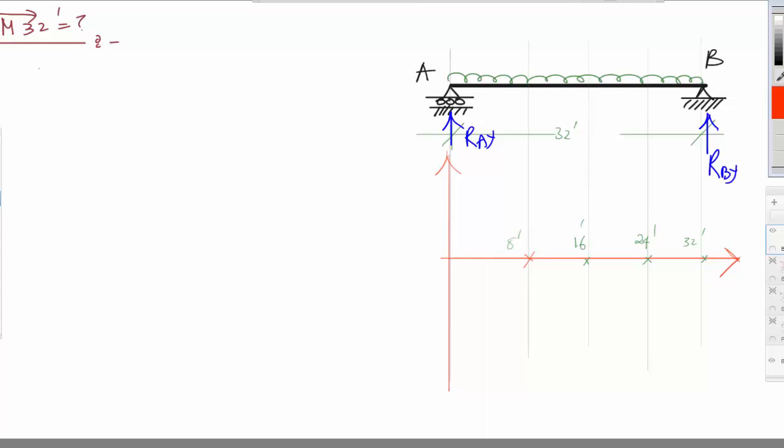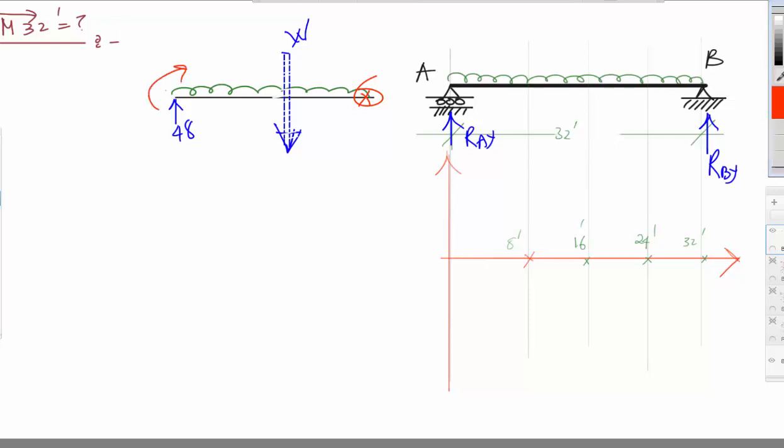Again, the uniform load, and we're taking this at this point, and we have the equivalent in the middle, W, this is 48, and of course this will rotate in this direction, which is negative, and this will rotate in this direction, which is positive.